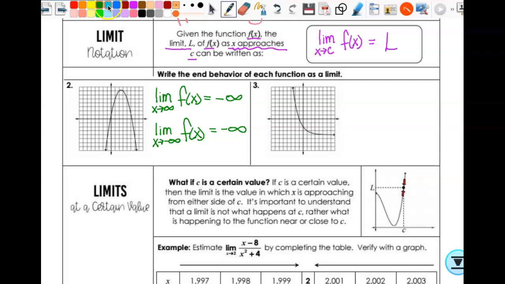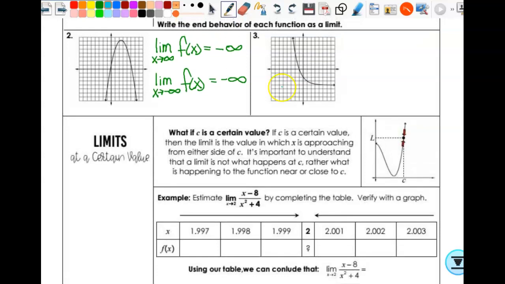All right, so let's look at number 3. Number 3 is an exponential. So I'm telling you that so that we know for sure that this is an asymptote and we're not guessing. So it's still end behavior, so it's still the limit as x approaches infinity of f of x, whatever that function is. Well, as x approaches infinity, what does f of x approach? Negative 4.